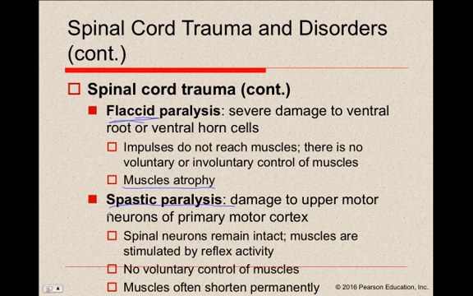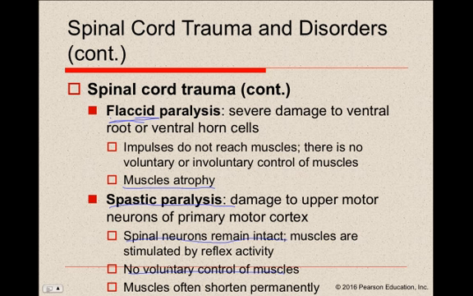So that's flaccid paralysis. Spastic paralysis is damage to some of the upper motor neurons inside the primary motor cortex of the brain. And so the spinal neurons actually remain intact, so there's not actual damage to the spinal neurons. It's the damage to the primary motor cortex in the brain that's processing and helping us to control those voluntary movements. And so the muscles are stimulated by reflex activity, but there's no voluntary control of the muscles.